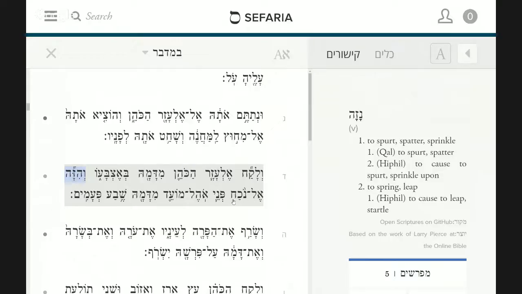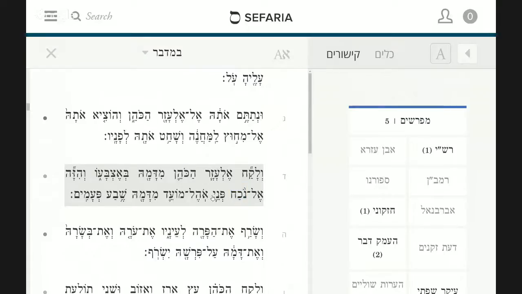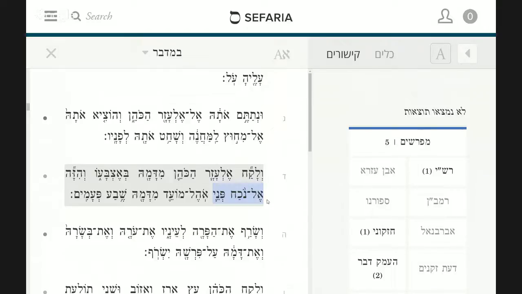El nochach, so this is like the front. El nochach ends up being a prepositional phrase. Actually, this whole thing ends up being one complicated prepositional phrase in front of the front. So toward the front side, maybe we could say.